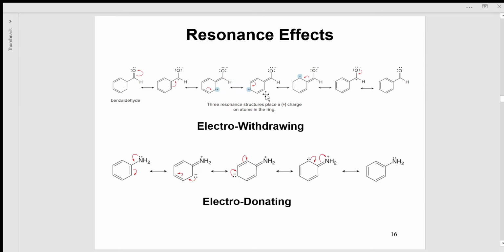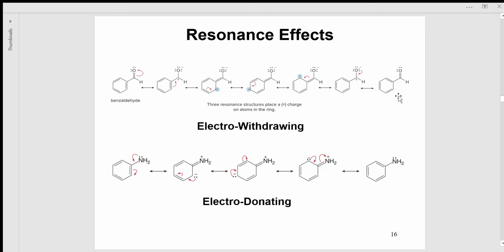In this case, the benzene ring is attached to an aldehyde group. For the resonance effect, we basically just draw the resonance structures. Oxygen is a very strong electron withdrawing atom. So these are all the resonance structures we possibly have.